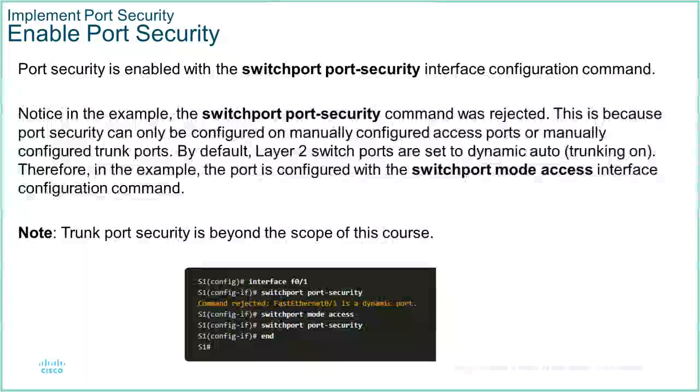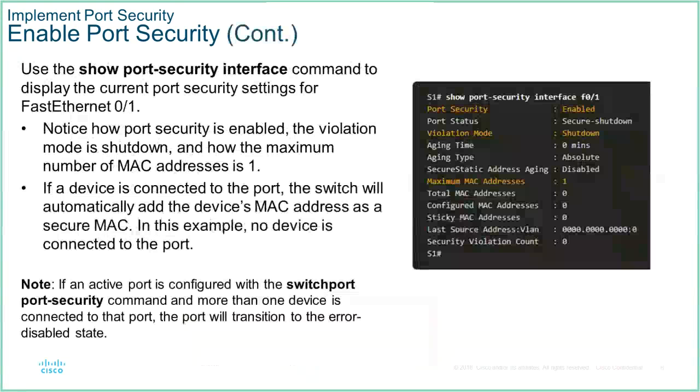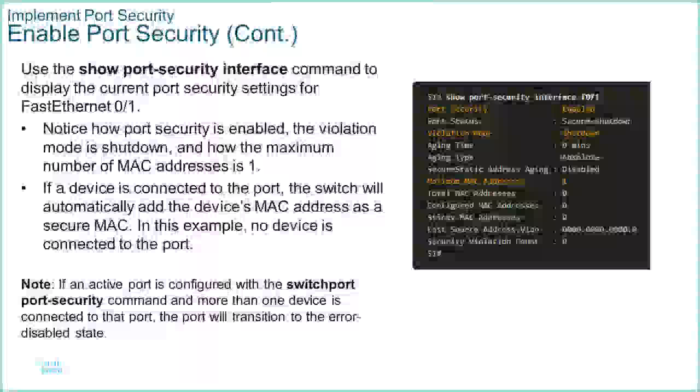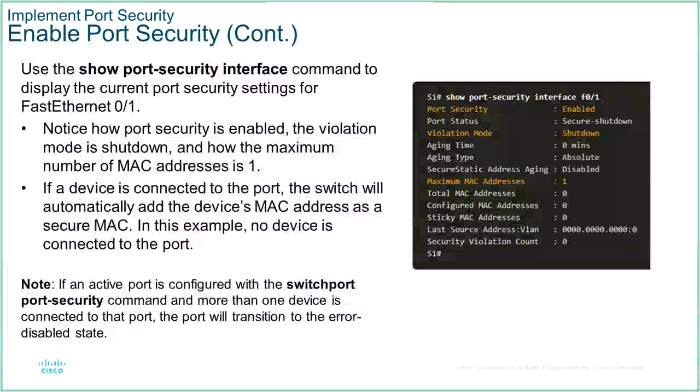As you can see on the bottom of the slide, the command structure is go to the interface, switchport mode access, and then switchport port-security, and we have turned security on. Now, this is only step 1 by enabling it. Now we need to add the features that we want.